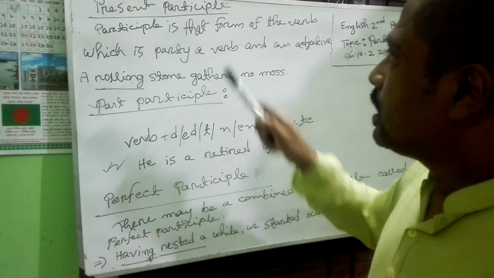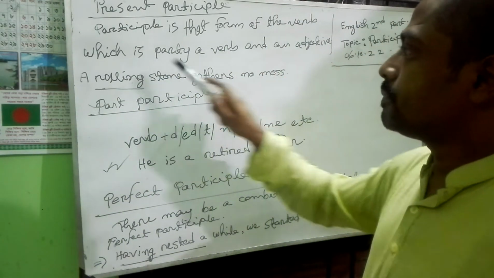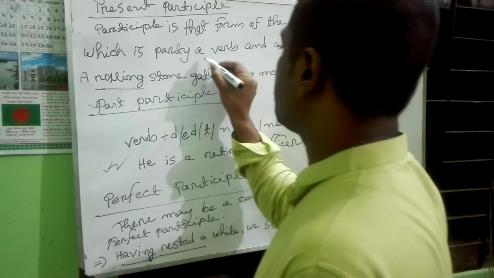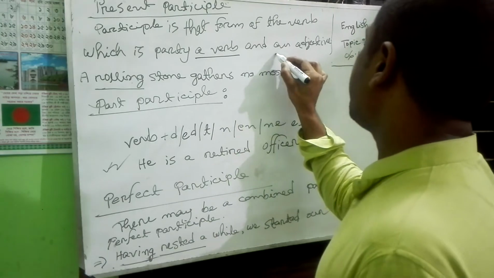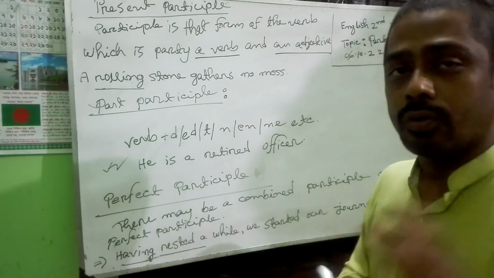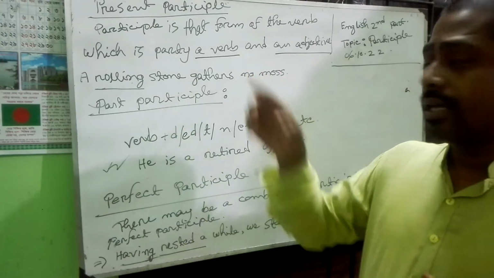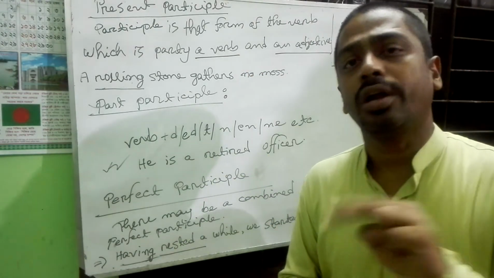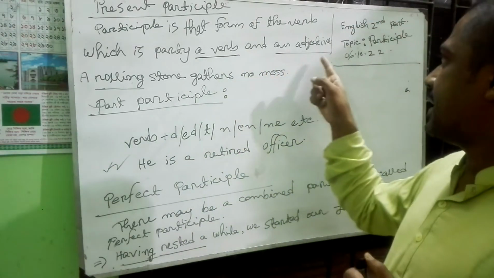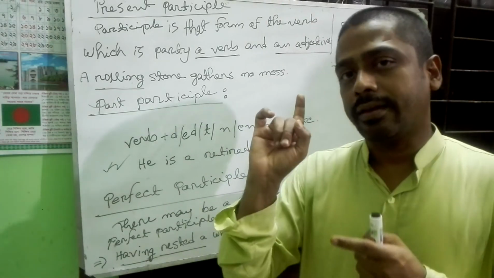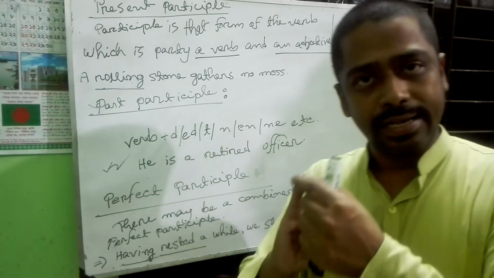Present participle is that form of the verb which is partly a verb and an adjective. So listen, here are two conditions, a verb and an adjective. These words act like a verb and an adjective.